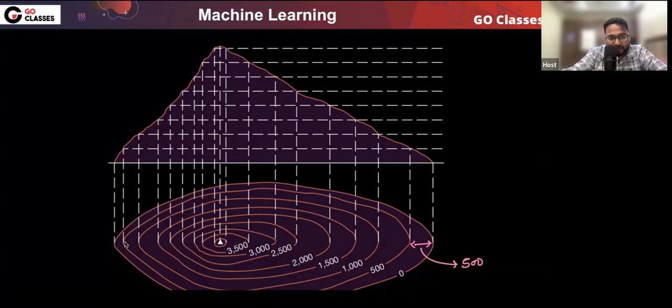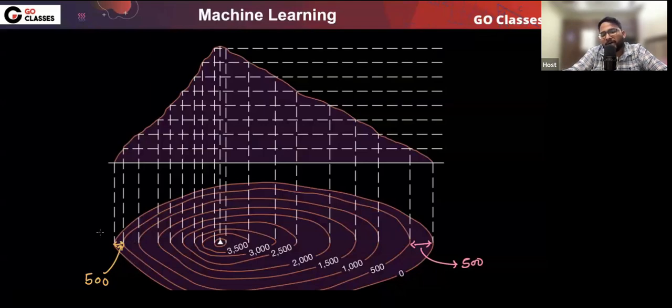Just a second. Let me just go here. What about this gap? Can anyone tell me this gap? Great. It is also 500, right? Both are 500 because this is 0, this is 500. So both gaps are 500 only, right?